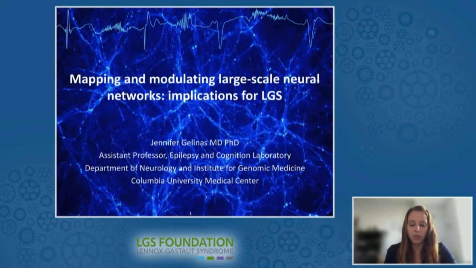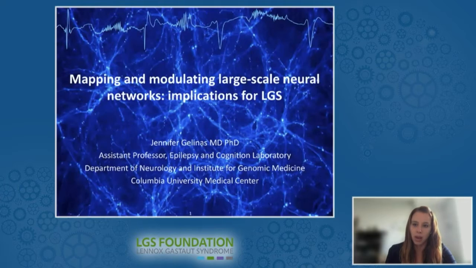In terms of our research, basically we're focused on understanding how epileptic activity can spread through large-scale networks, how this could result in cognitive comorbidities, and ultimately what we could do to treat or even prevent these sorts of epileptic processes.